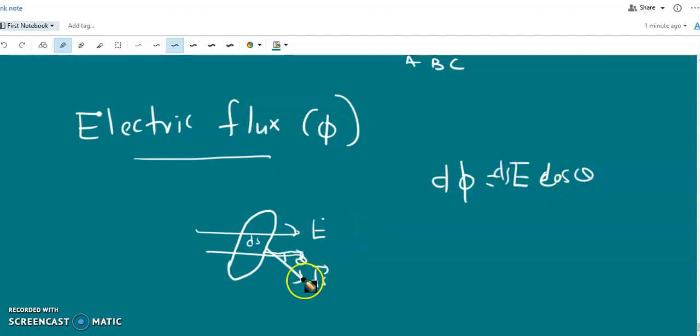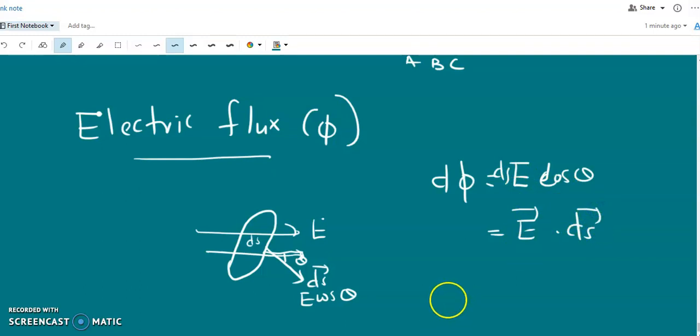The component of the electric field in the normal direction is E cos theta, multiplied by ds as the elemental flux. So this can be written as E ds cos theta, which is E dot ds.